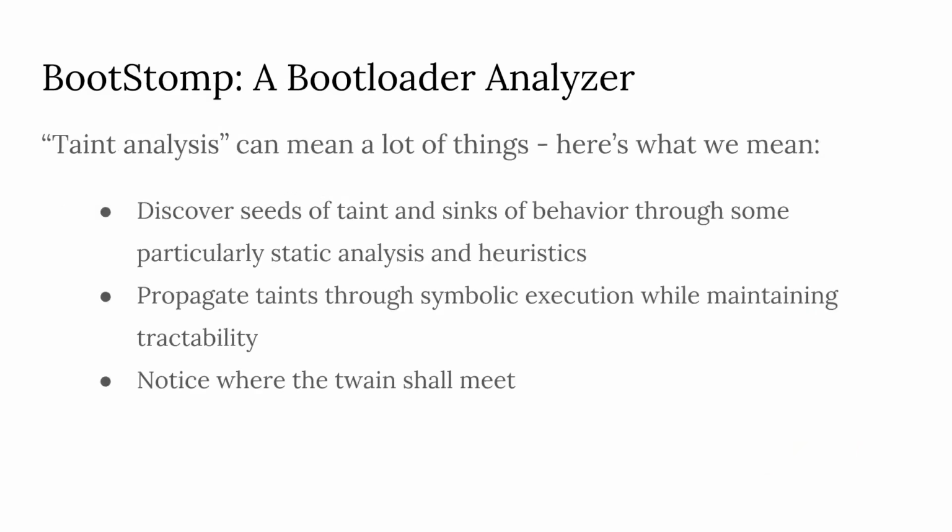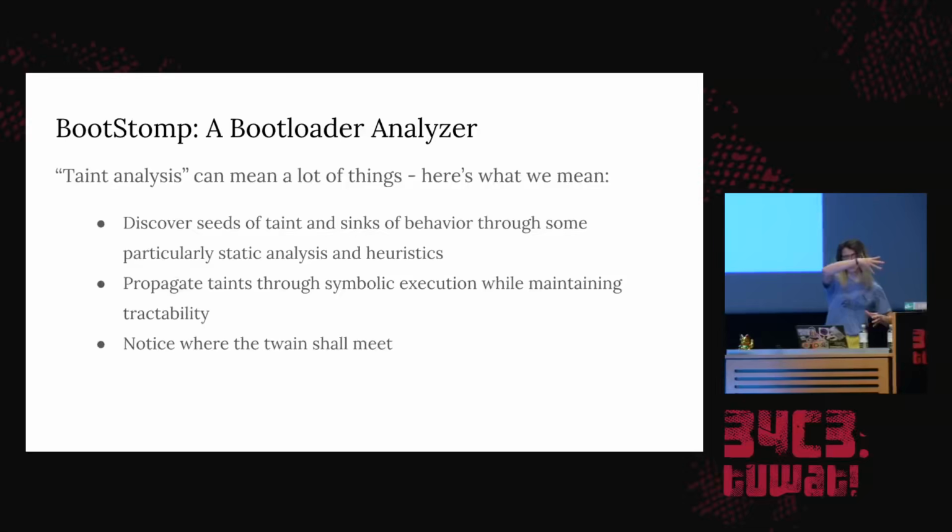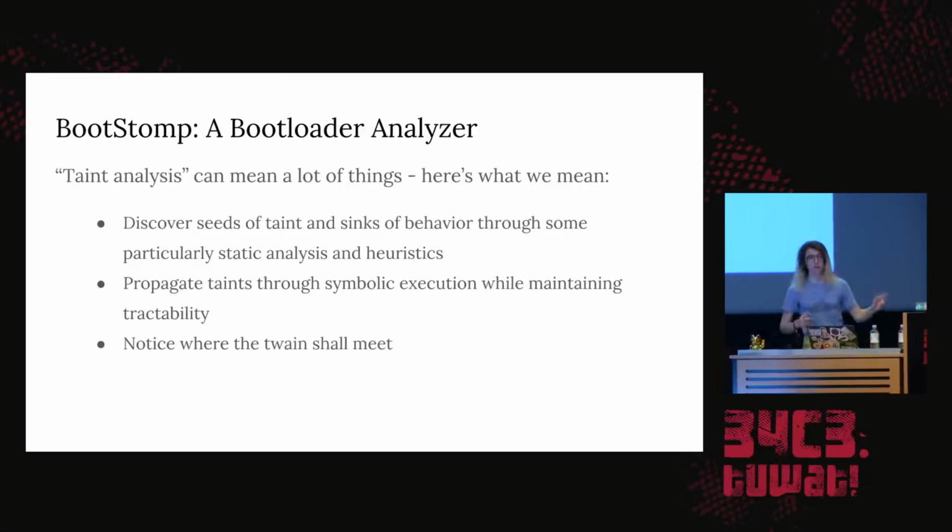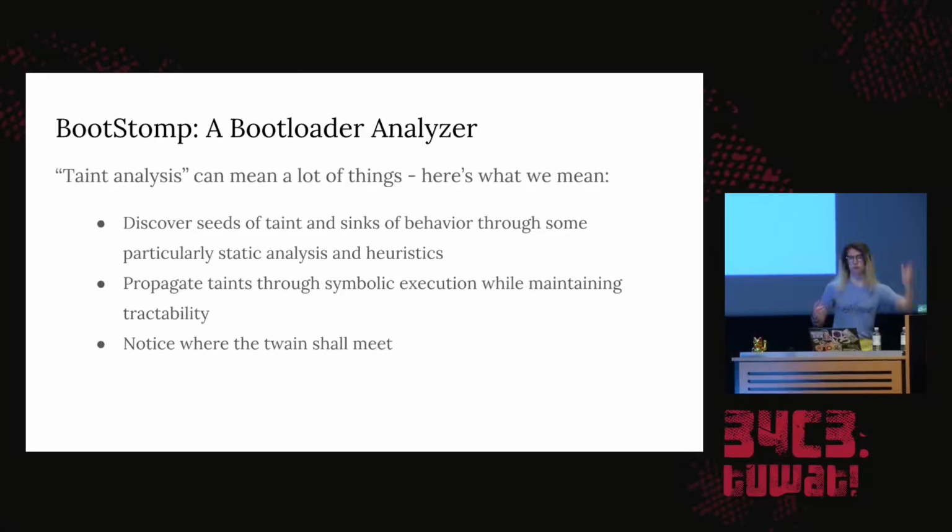Taint analysis and symbolic execution are kind of loaded words, so what specifically is meant is that we discover these sources and sinks of behavior through some static analysis and some heuristics, of course, and then we propagate these taints through symbolic execution while maintaining tractability, and notice wherever we can find paths from taint sources to behavior sinks that we think are vulnerable.